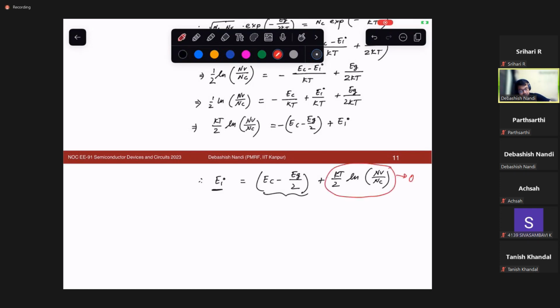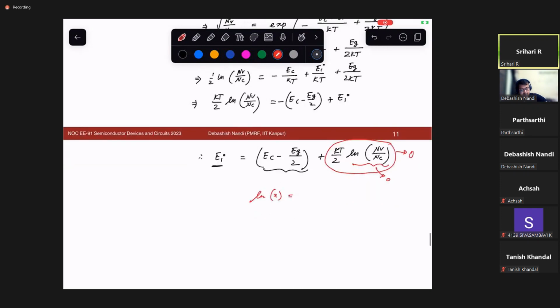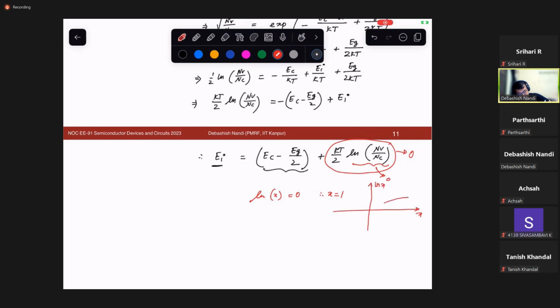How can this term go to 0? Either the temperature is 0, or ln of this x equals 0 when x equal to 1, because ln 1 is 0. The plot of ln x is something like this.